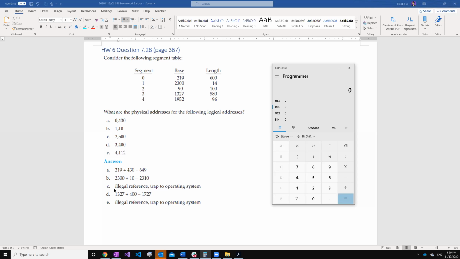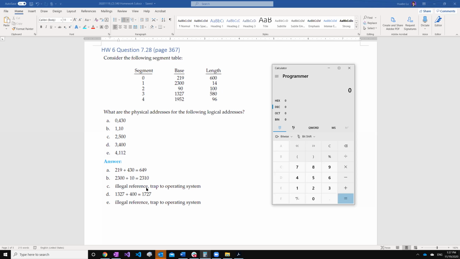You will reach the illegal reference trapped by the operating system. Why is this address illegal? Because it exceeds the maximum length that we can have for this segment. You cannot exceed the boundary for the segment. Otherwise, that is a memory violation and your program will be killed by the operating system, okay, to protect others.